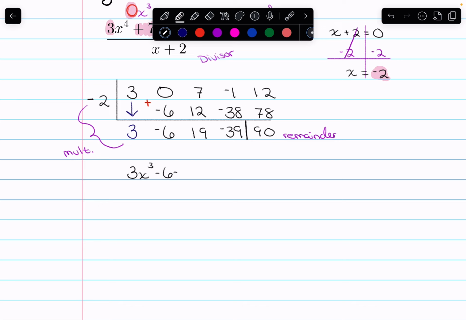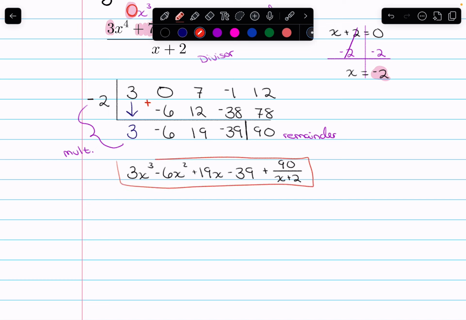Minus 6x squared, plus 19x minus 39. So there's your quotient, and then you just need your remainder. We're going to add, just like we did with long division, remainder over divisor, 90 over x plus 2. And there's your answer. You're all done.